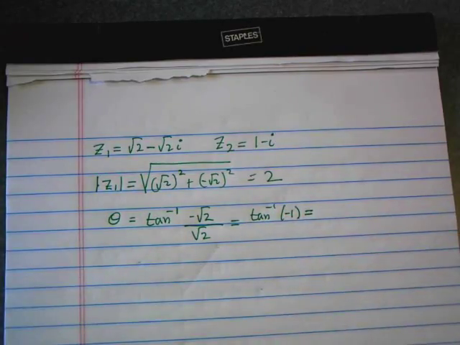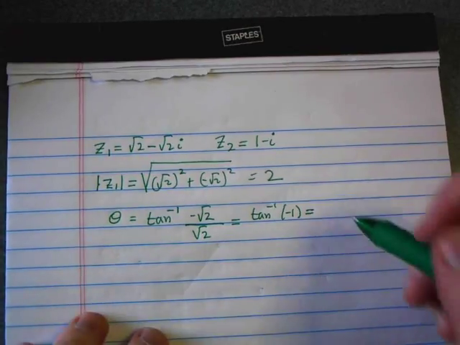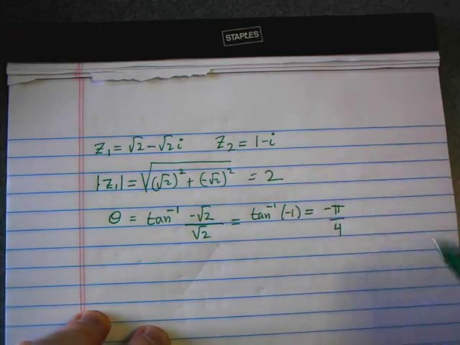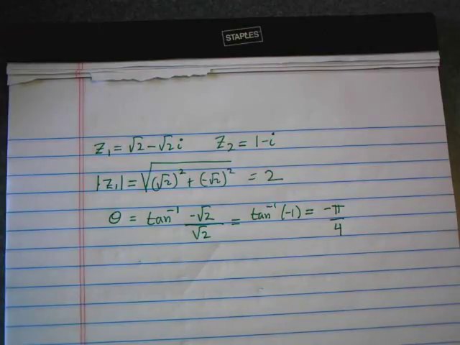What's the tangent inverse of negative 1? It is one that we remember. Negative pi over 4 is the correct answer. Negative pi over 4, because the tangent inverse of 1 is pi over 4. Since it's negative, it's negative pi over 4.